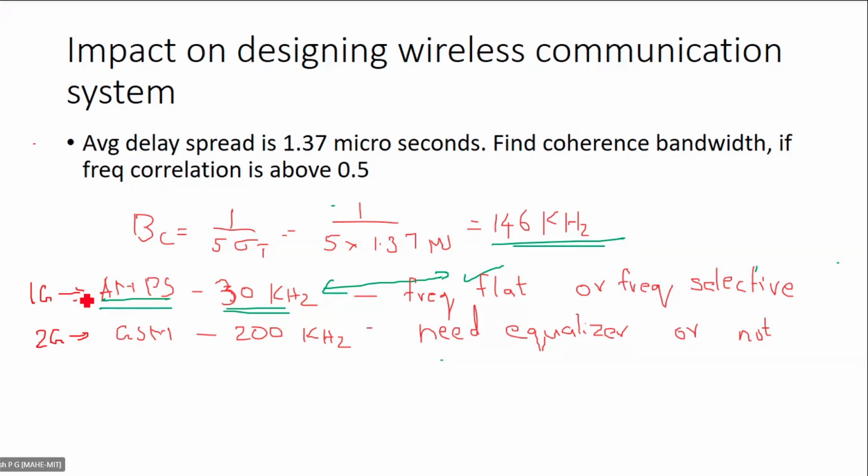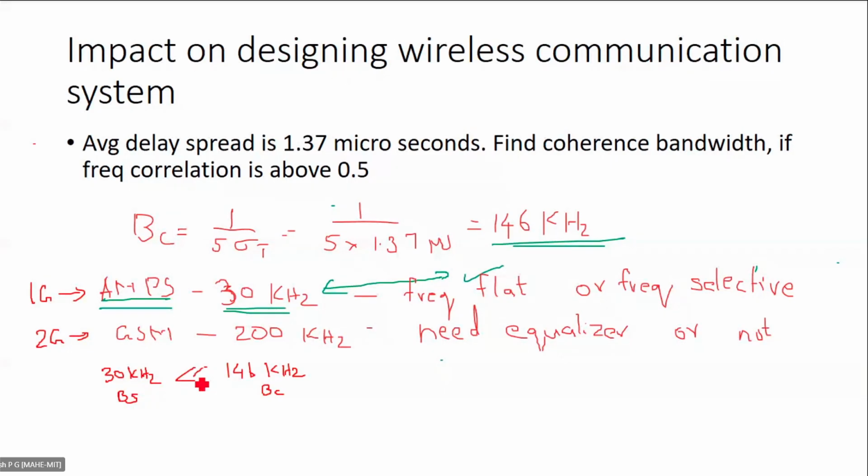So what we have here is coherence bandwidth, that is 146 kilohertz, and we have 30 kilohertz, which is the signal bandwidth, BS or B, whatever.